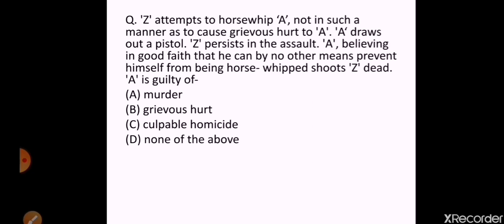So this is also an example, and my questions are relating to the topic, because all the questions here right now are covered under culpable homicide. So you must have got the right answer, because option C is correct, that is culpable homicide.